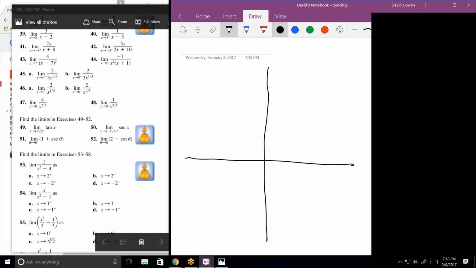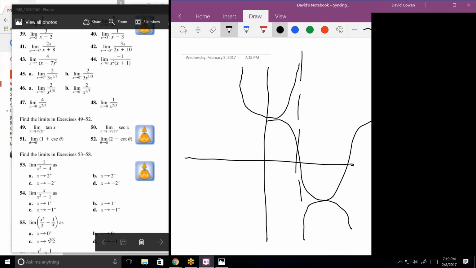Cosine. Okay, so if I draw the cosine, I don't know why, just in my brain, I almost have to draw the cosine, and then I put the secant on the tops and the bottoms of the cosine curve. And there's a vertical asymptote everywhere where the cosine is 0.